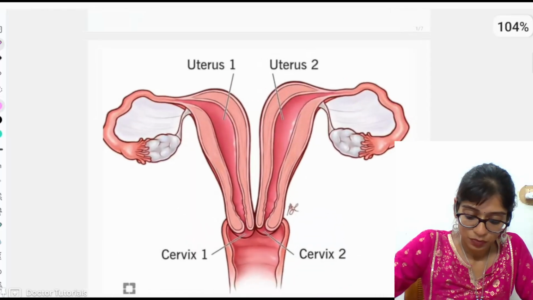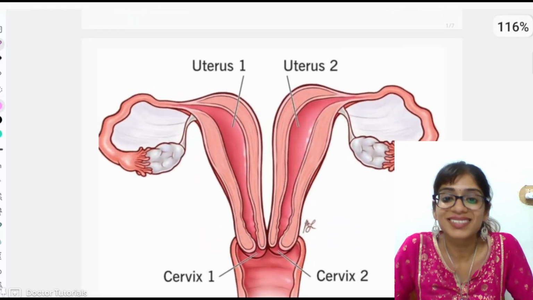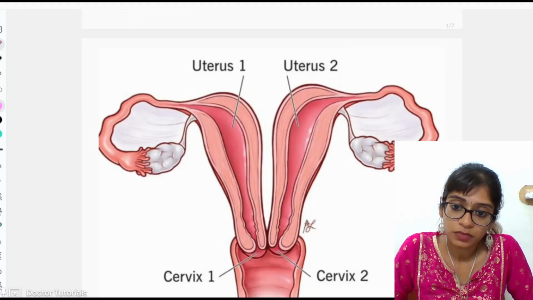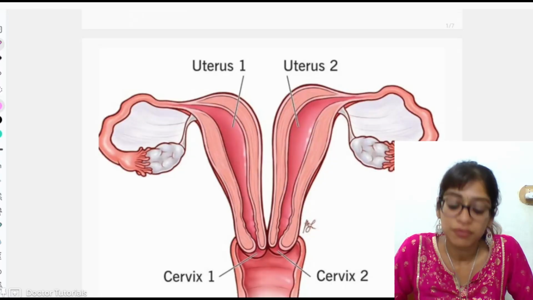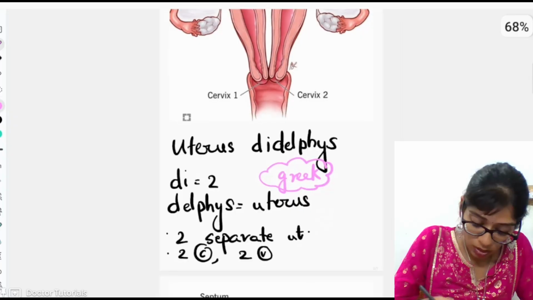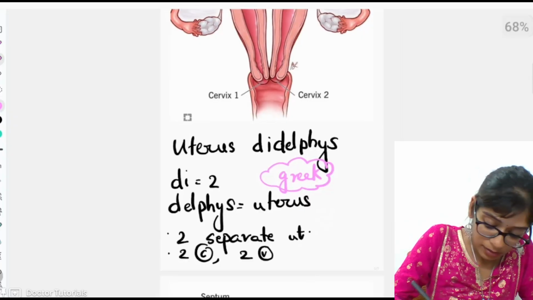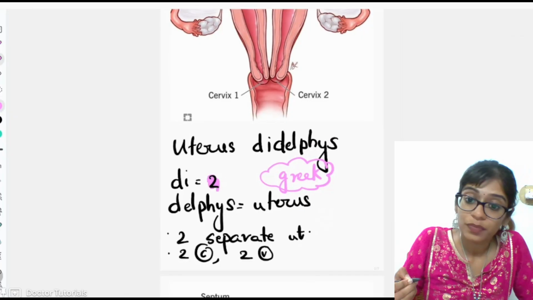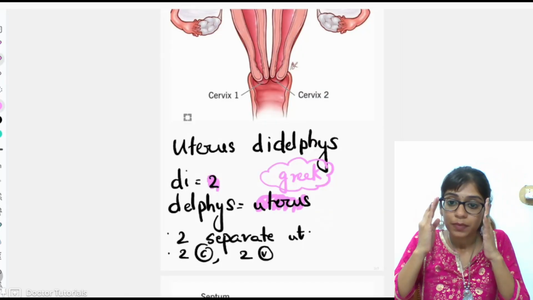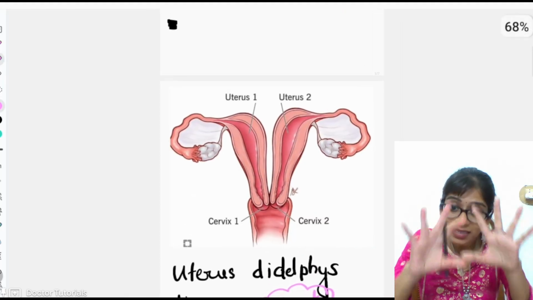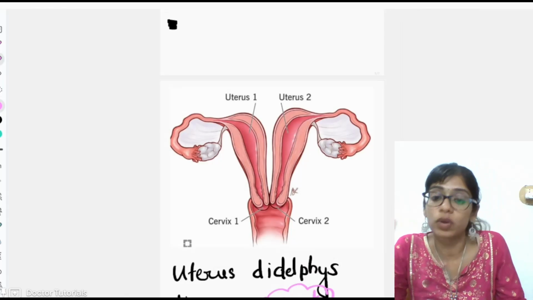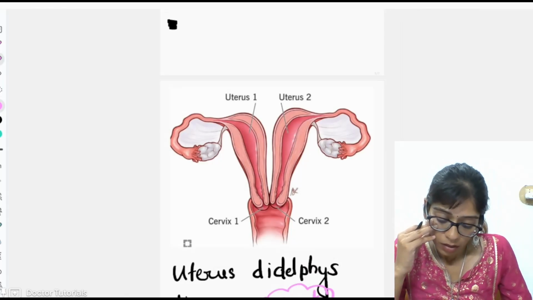Now see, what is this? This is called uterus didelphys. Di means two, and delphys means uterus. So basically some women have literally two uteri. Uteri is the plural of uterus.